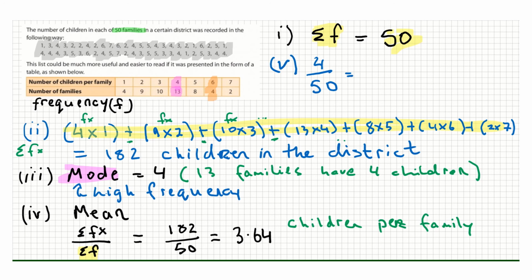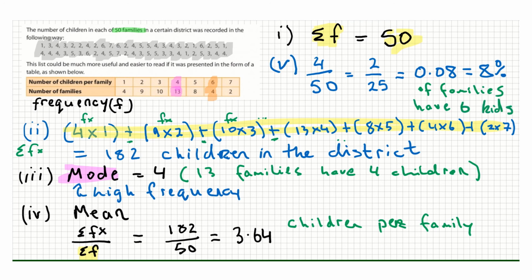When we put that into the calculator as a fraction, it simplifies to 2 out of 25. We can press the SD button to get a decimal, 0.08. If we multiply by 100, or maybe we can see it straight off, that's 8%. So 8% of families had 6 kids. I'm writing kids for short because I'm running out of room.